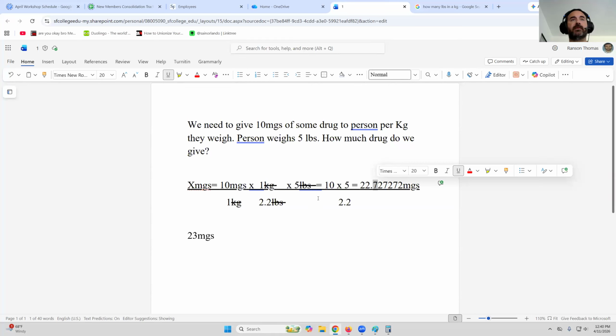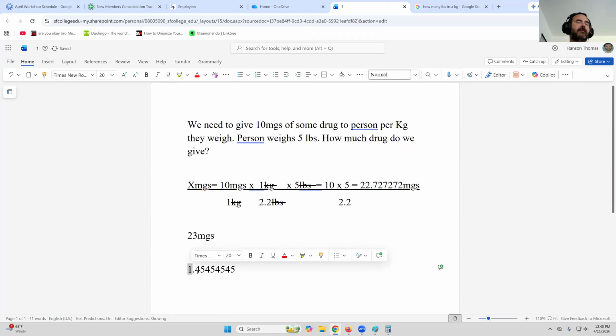The reason I bring that up is if you had a number like 1.454545, and I said, round to the nearest whole number, so here, you say, well, this is less than 5, so I round down. But wait, this is more than 5, so I should round that up here. So that becomes a 5. And now this is higher, and that's not how it works, right? We don't do that.